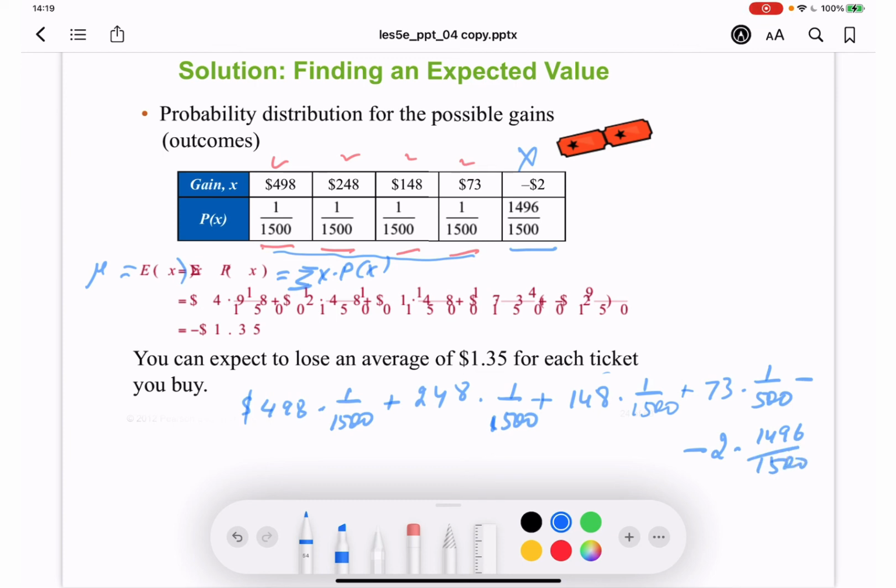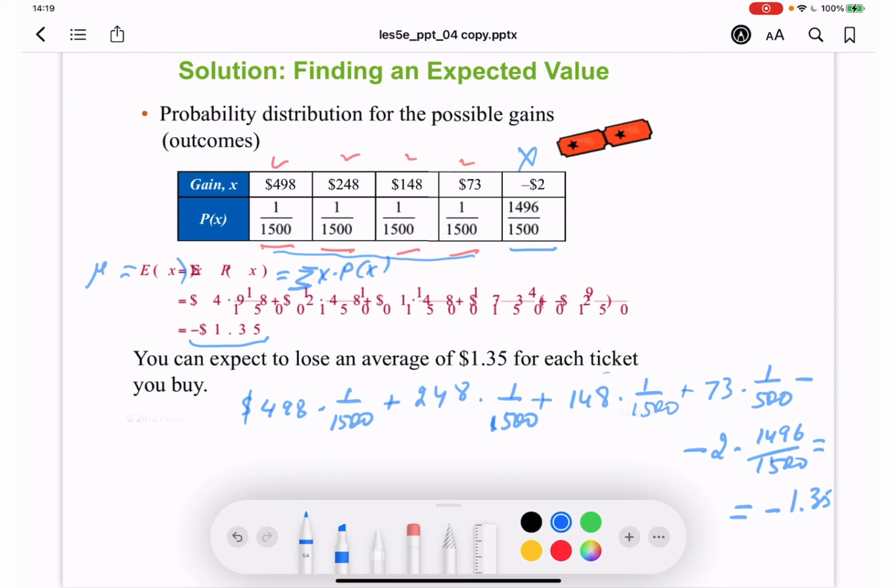If you do all this math, you are going to get negative $35, which tells you that on average, you are going to lose $35.